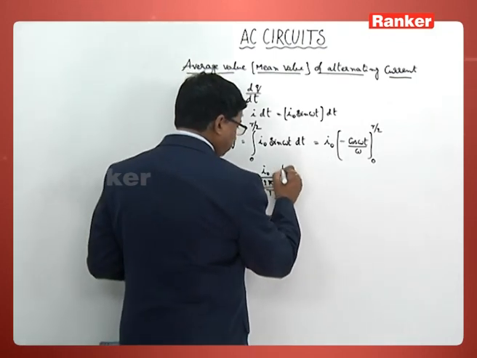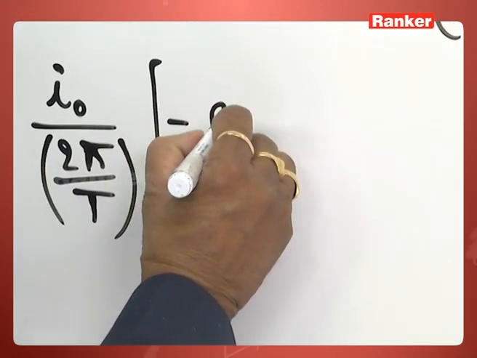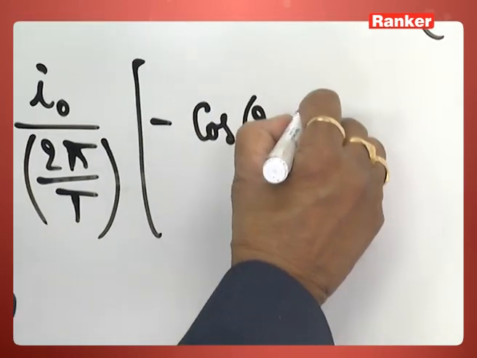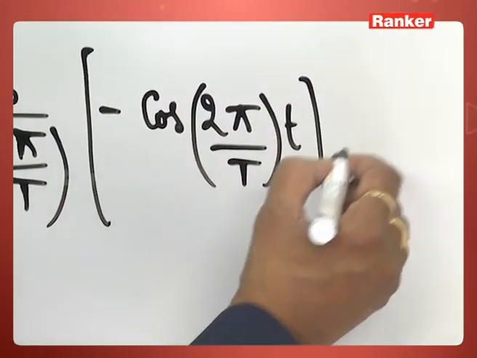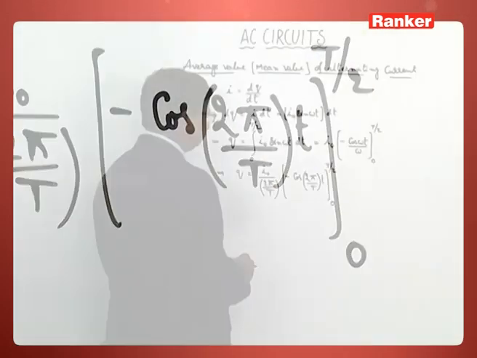That into minus cos 2 pi by capital T into small t between the limits 0 and T by 2.